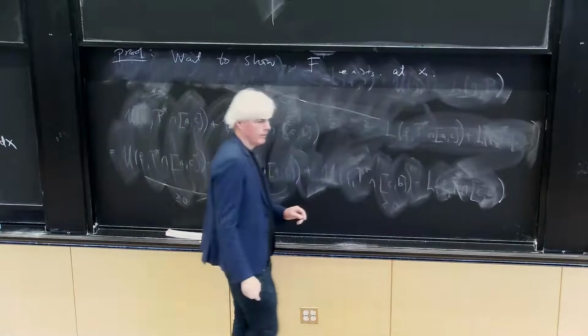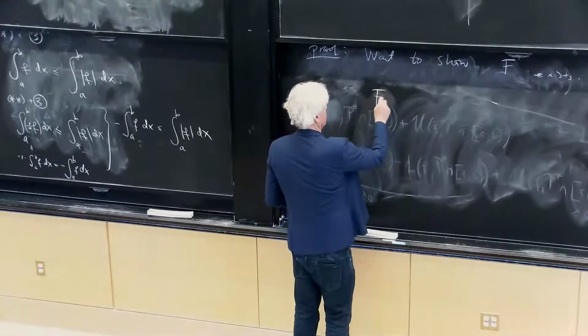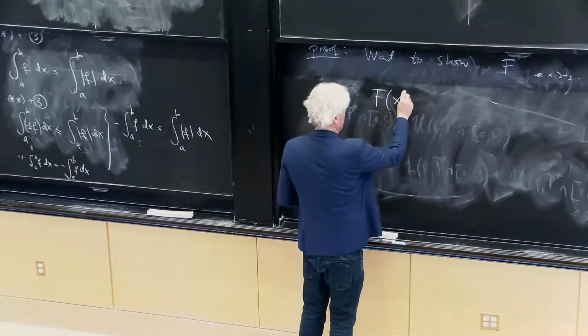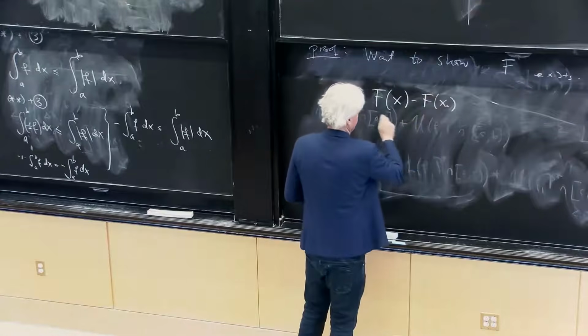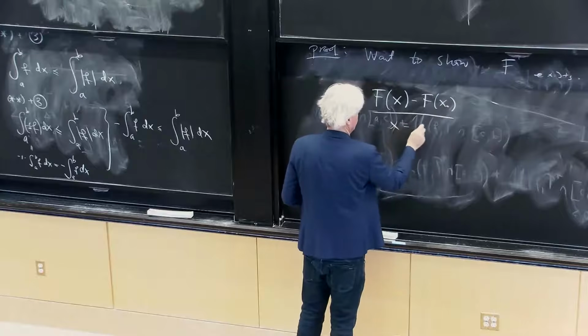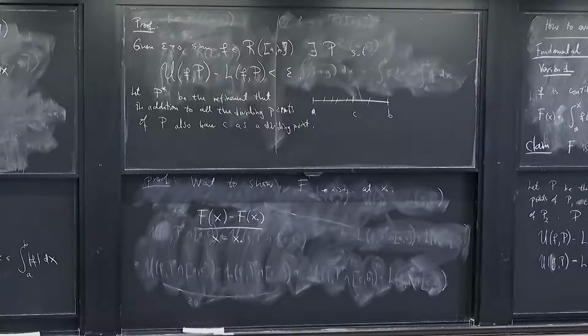Right? If you want to prove that it exists, then you need to look at the difference quotient. So we need to look at this difference quotient, and we need to prove that this thing here has a limit as x goes to x0. Right? So x0 is fixed, and you want to prove that it has a limit.